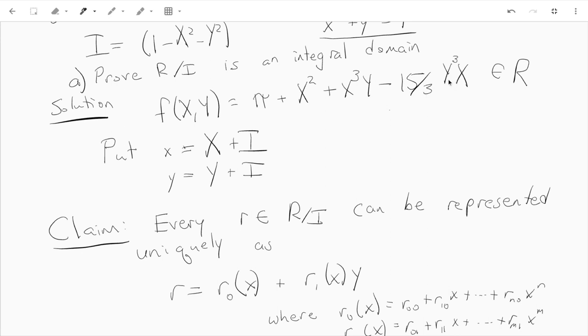And then that'll get rid of this y cubed, and we'll have some polynomial in x plus y times a polynomial in x.